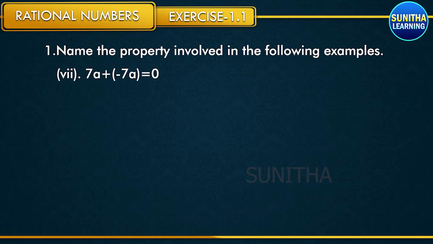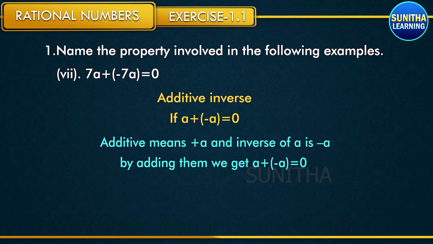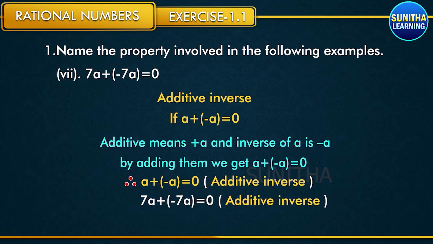In this problem, which property is followed? A plus minus of a is equal to 0 means what property it is? Additive inverse. Additive means plus and inverse is minus a. So if you add minus a and a, which are additive inverses, the sum of those values is always going to be 0. So here also 7a plus of minus 7a is equal to 0 by using the additive inverse property.